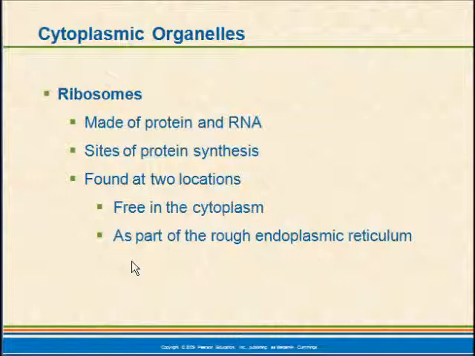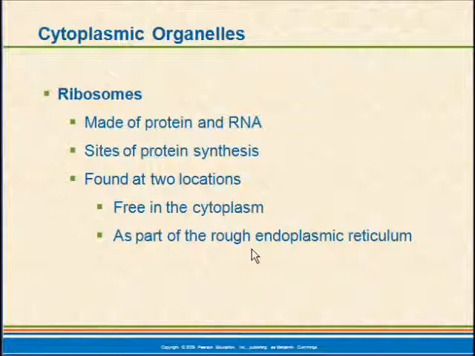Now, in the cytoplasm, ribosomes are found in a couple of different locations. There are free-floating ones in the cytoplasm, and there are those that are attached to the rough endoplasmic reticulum. Those that are free-floating in the cytoplasm make proteins specifically for the use of the cell. Those that are part of the rough endoplasmic reticulum make proteins that can be exported or taken out of the cell.